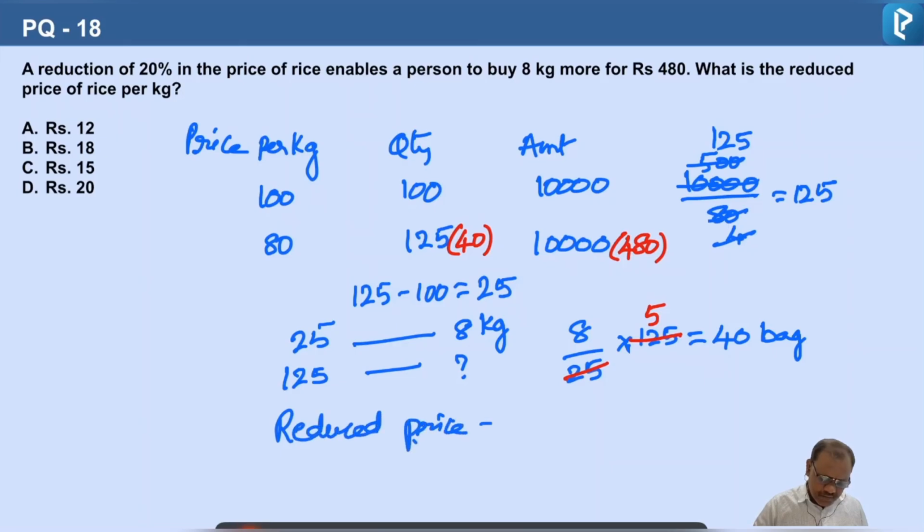If you simplify, 0 gets cancelled, 48 by 4 is 12. So 12 rupees is the reduced price per kg of the rice. So the correct answer is option A.